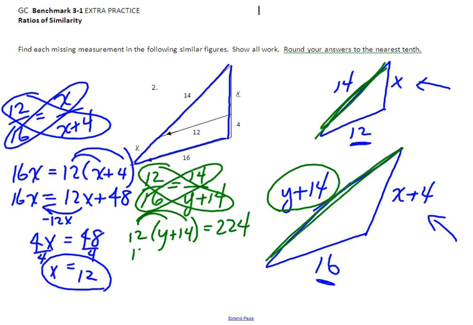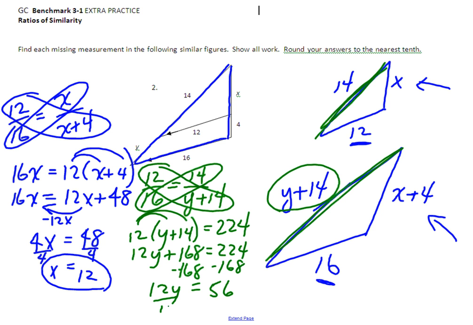Calculators are handy here. So 12Y plus 168, since 12 times 14 is 168. Subtract 168, and I get 12Y equals 56. So 56 divided by 12, I get about 4.7.